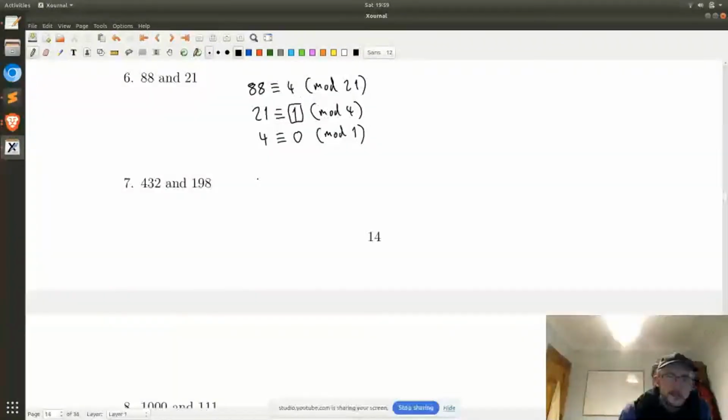198. 198 doubled is 396. And so there is a gap of 30. So 432 is congruent to 36 modulo 198.